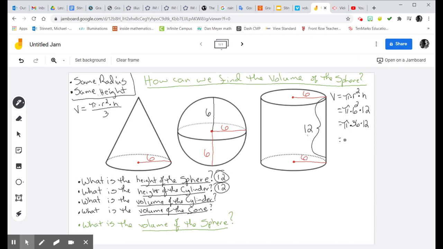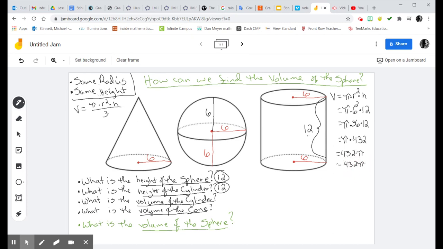And then we keep our pi, times 36 times 12, which is 432. So pi times 432 is the same as 432 times pi, or just 432 pi.